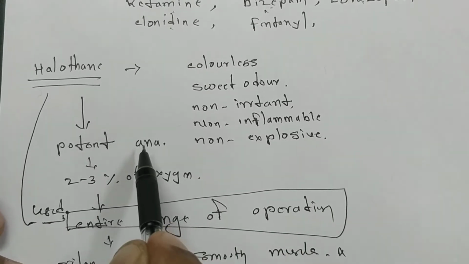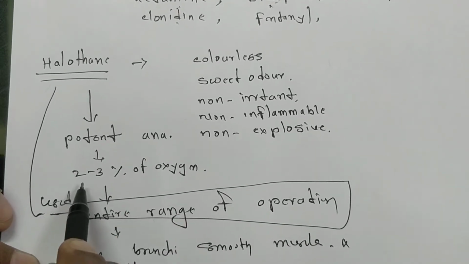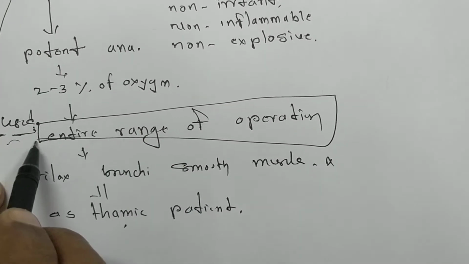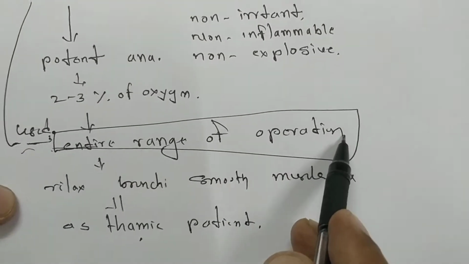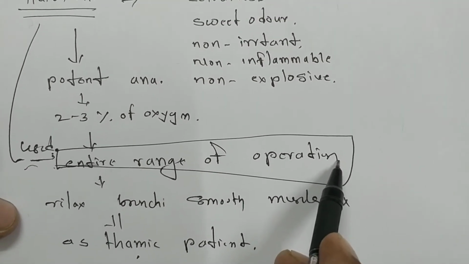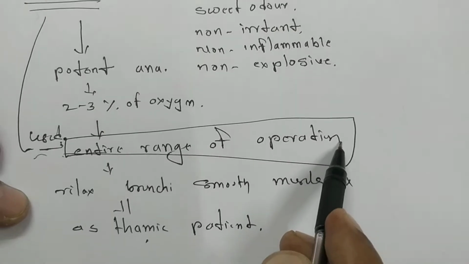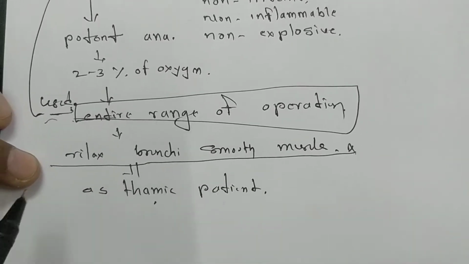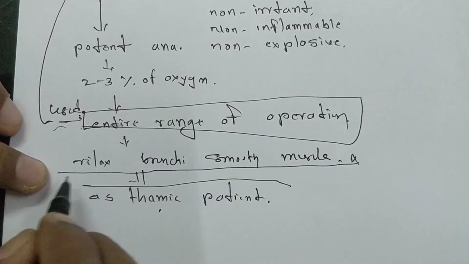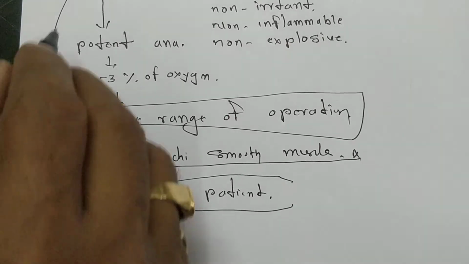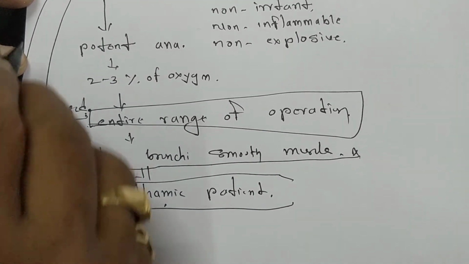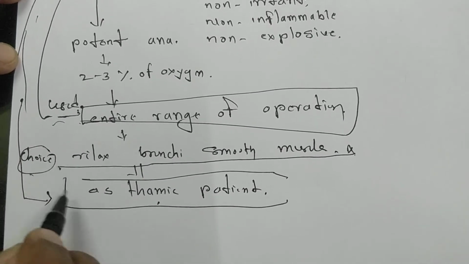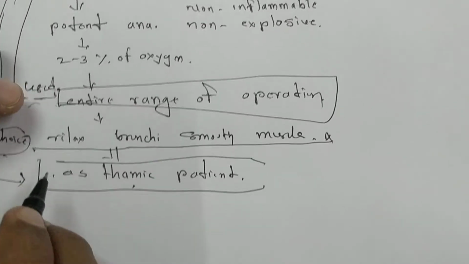It is a potent anesthetic, used in combination with 2 to 3% oxygen, for the entire range of operations requiring anesthesia. Its major advantage is that it relaxes the bronchial smooth muscle, so halothane is the choice for asthmatic patients. Now it has some limitations.